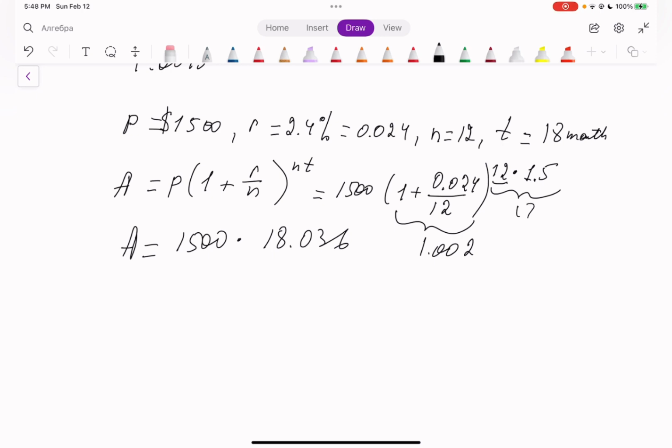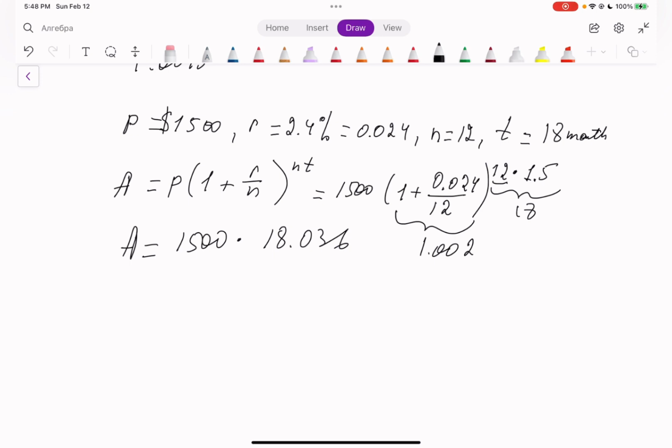This is 18. So 1.002 times 18. Oh, to power 18. Gee, I'm multiplying, sorry. So 1.002 to power 18. No wonder I'm getting too much.